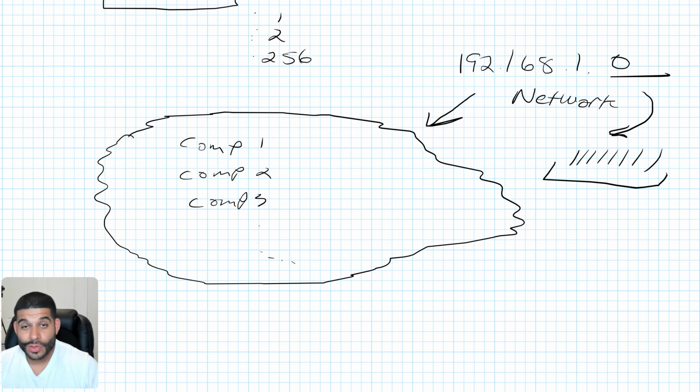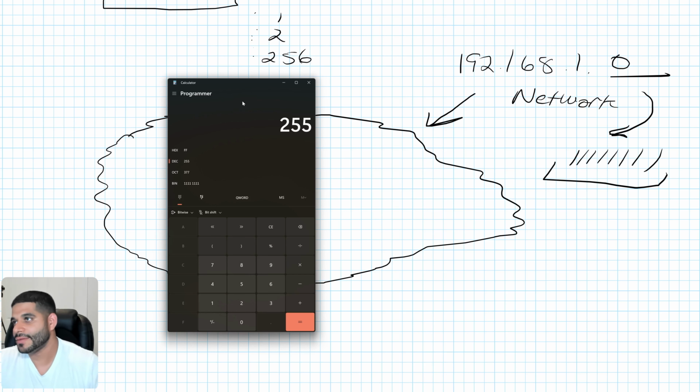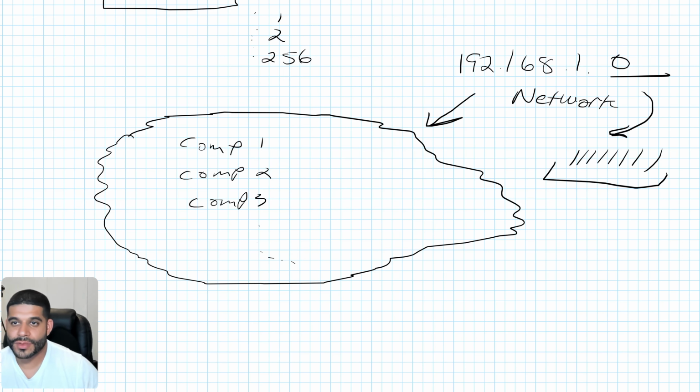Again, use a calculator to help you out. The calculator is your best friend. All 8 binary ones in decimal is 255. So let's write 255 here, and that is your broadcast.